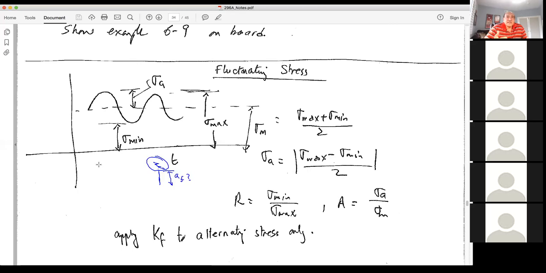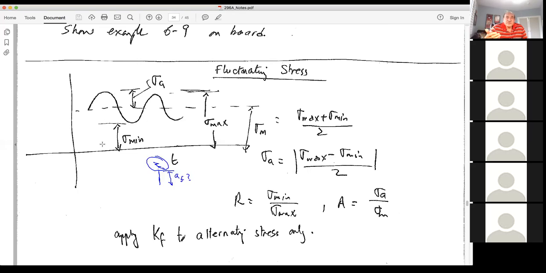So we're going to define a damage fraction based on the value of the alternating stress and another damage function based on the value of the mean stress. So let's talk about it. The mean stress, as it gets closer and closer to the yield, means that the material is going to actually yield.